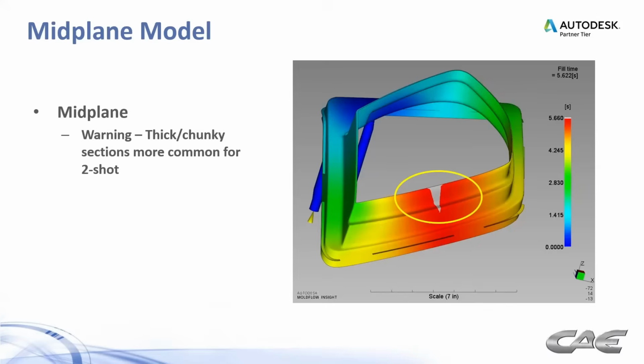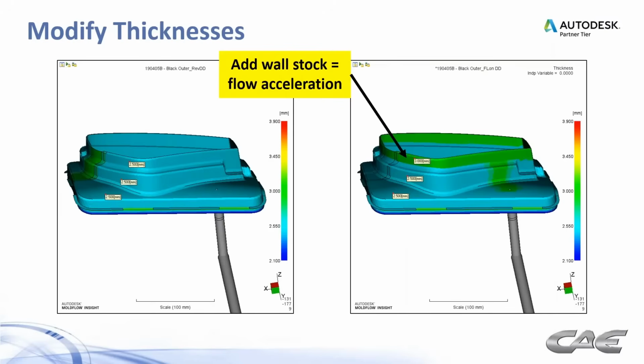So we have to pick our spots here, but where we can, we want to use our midplane models to help us get to a final answer a lot quicker than we would have with like a 3D or a dual domain analysis. So we verify the problem that we saw in the 3D simulation, check that box.